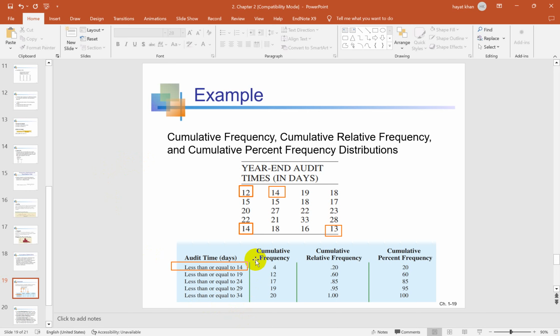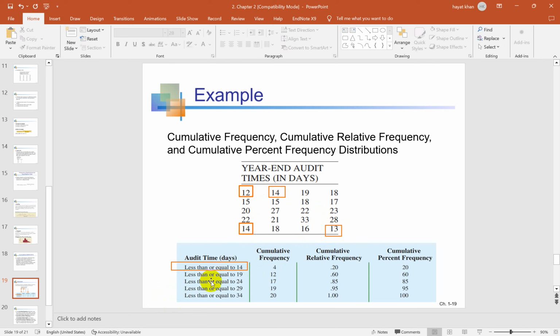The cumulative frequency is given here, that is, less than or equal to 14. In this data, for example, 12 is less than 14, 14 is equal to 14, and another 14 is also equal to 14. So for less than or equal to 14, the values are given here: 1, 2, 3, 4, 4 here.